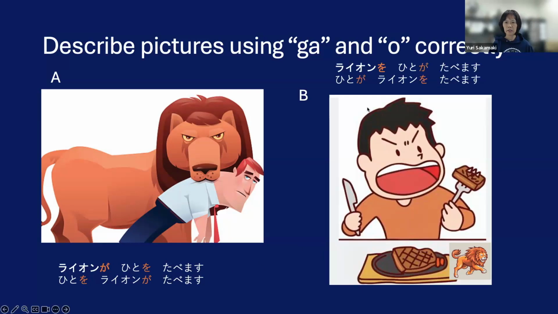And for B, ライオンを人が食べます。or 人がライオンを食べます。So if I don't say any particles, like 人、ライオン、食べます, right? Without the two particles, I don't know which picture I am explaining, okay? It's a little bit unclear. So to make it clear, you can use particles.